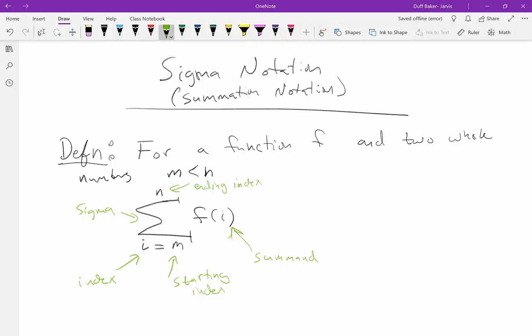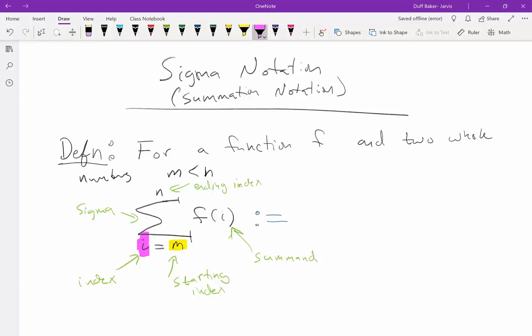Okay, so this is some fancy new thing, and really what it's defined to be is a way to repeat something many times. What you do is you first look at this part. This part is your counter. It's a thing that keeps track of where you are and what you're doing. That's why it's called the index.